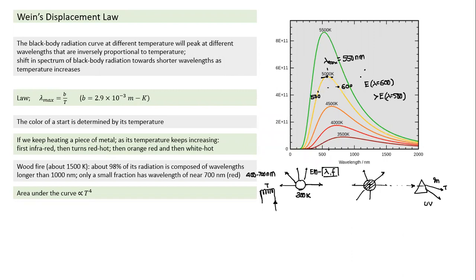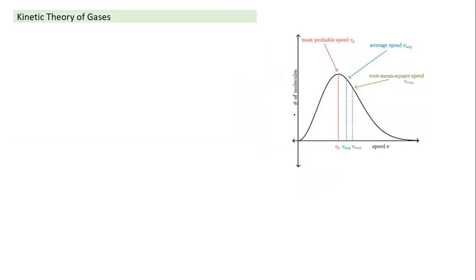I have seen only one question in the past in JEE Advanced which was based on understanding the nature of this curve. I hope this point is clear. This is where the maximum is. If we go towards the higher side and the lower side by equal delta lambda, this will have a smaller drop, and this will have a greater drop in energy. So this will have higher energy compared to this. So that's all in terms of Wien's displacement law.